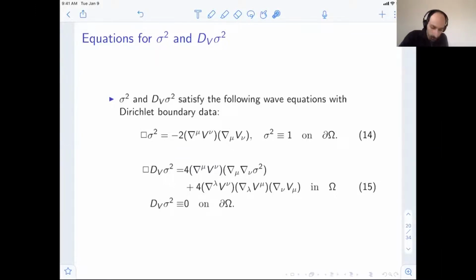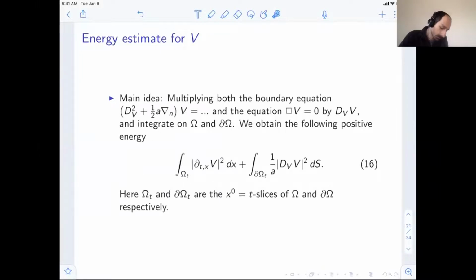Okay, so how does one prove estimates for this? It turns out that first of all, this Dirichlet-Neumann map, which is hyperbolic, can again be used to derive an energy estimate. Of course, one has to understand this better. This is quasi-linear, but roughly it goes like this: by multiplying by dv v, one is able to obtain control of the following type of energy.